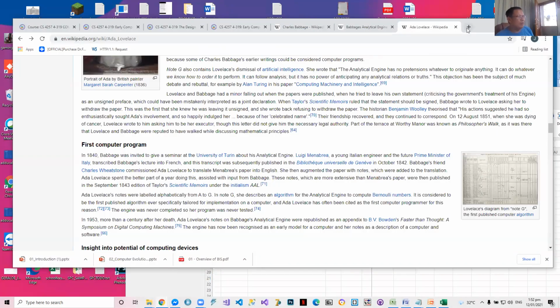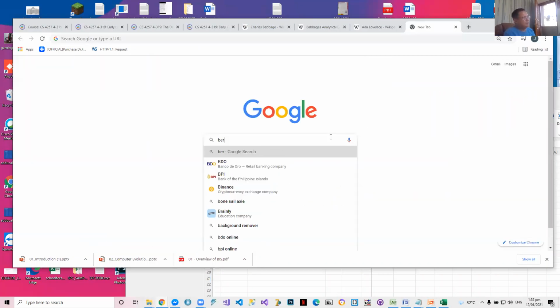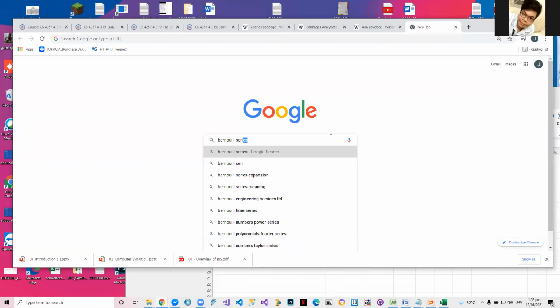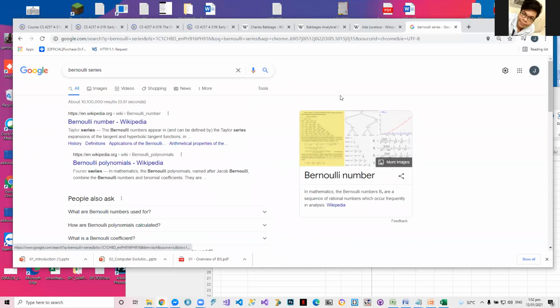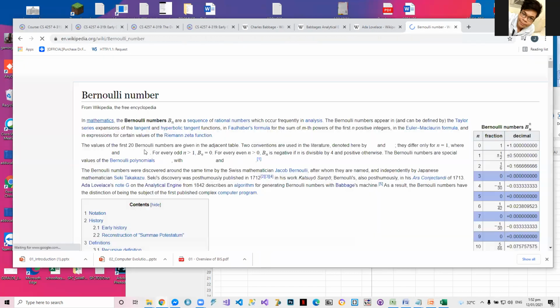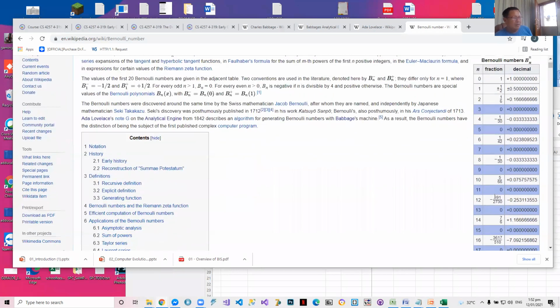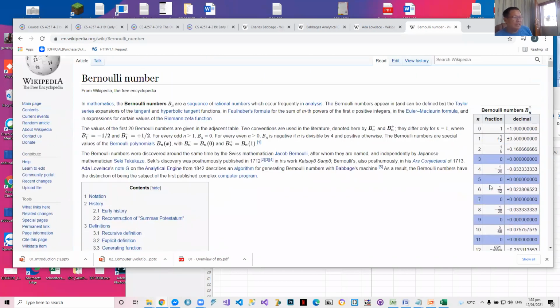What's the first Bernoulli number? The first Bernoulli number is 1. The second Bernoulli number is 1/2. The third is 1/6. There's a formula to do.